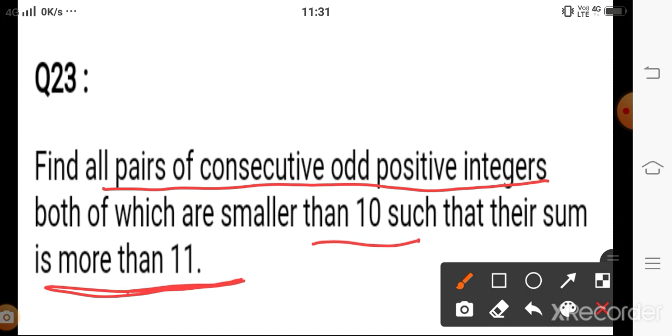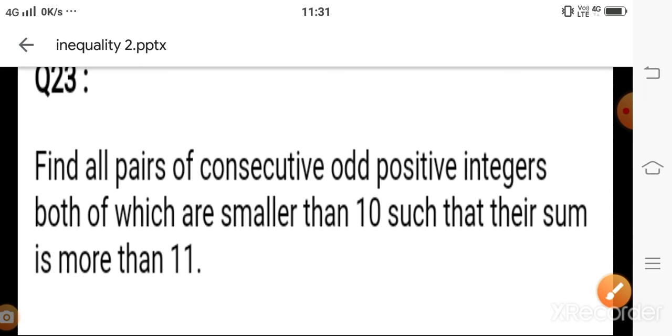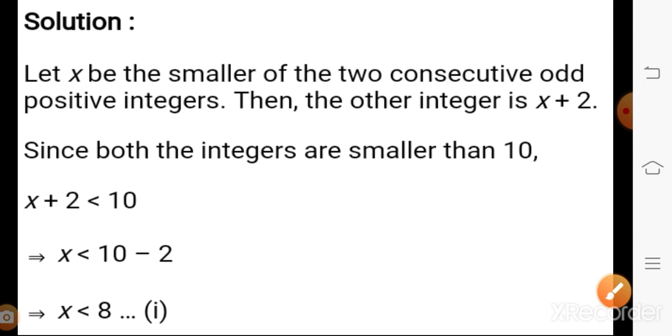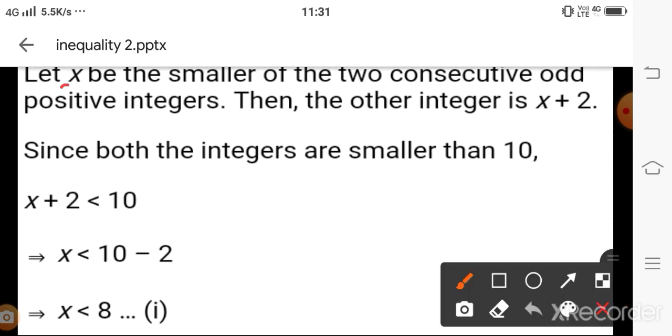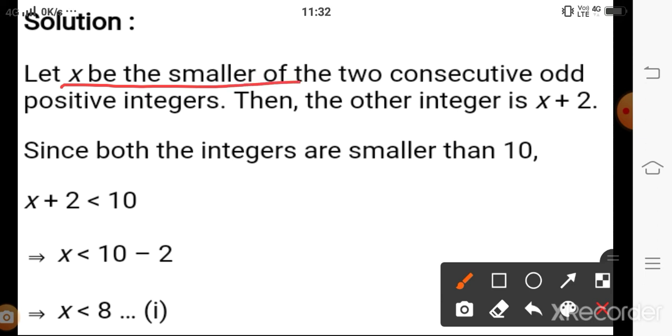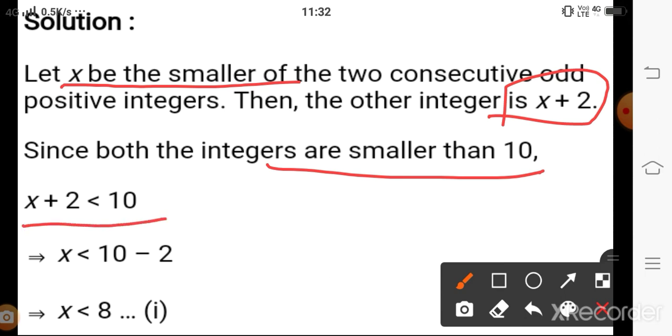Find all pairs of consecutive odd positive integers, both of which are smaller than 10 and their sum is more than 11. Let x be the smaller of the two consecutive odd positive integers, then the other will be x plus 2. The two consecutive numbers are x and x plus 2. According to the question, since both integers are smaller than 10, we consider x plus 2 is less than 10.